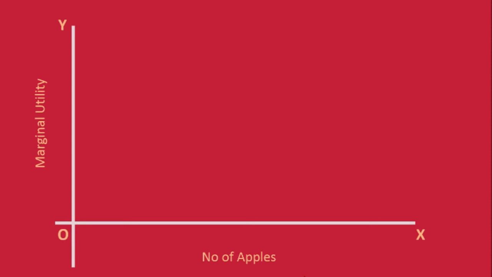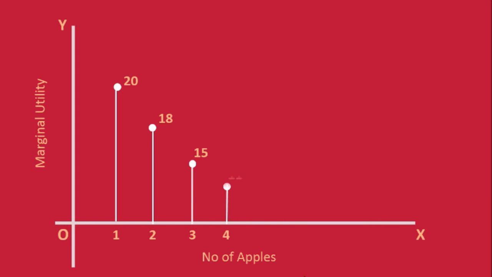Let us plot the points: 20 units of utility from the first apple, 18 units from the second one, 15 units from the third, 11 units from the fourth, and 4 units from the fifth.